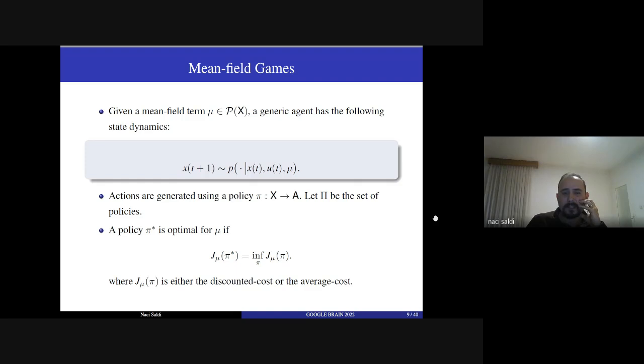Therefore, for any time t, we are using the same function pi, which is a mapping from the state space to the action space. And the policy pi star is optimal for mean field term mu if it minimizes the corresponding cost function. This cost function is either discounted cost or average cost. And again, in the description of the cost function, you have to replace the mean field term with its limiting distribution mu.